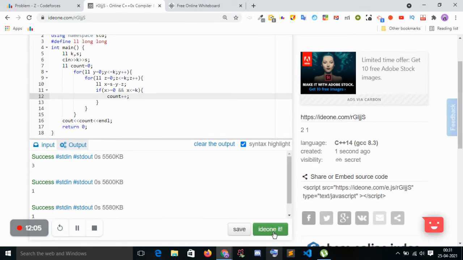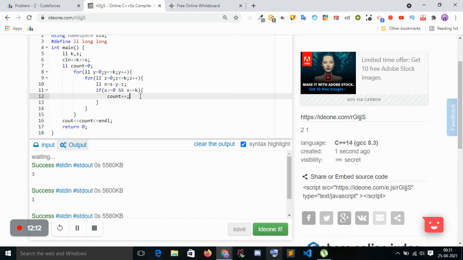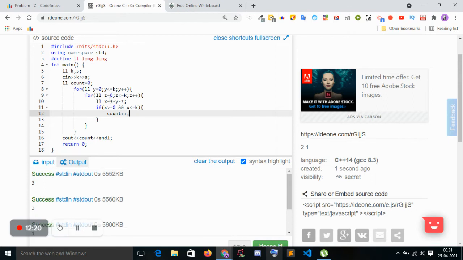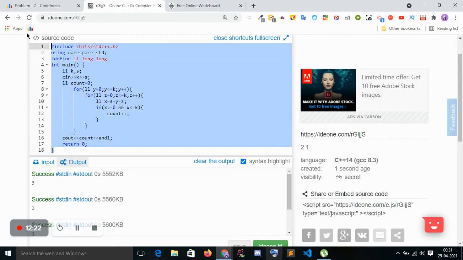So we are just checking the x condition, and here we are reducing the operations by one loop. Right now the total operations are 9 into 10 to the power 6. Let's check whether it gets accepted or not.